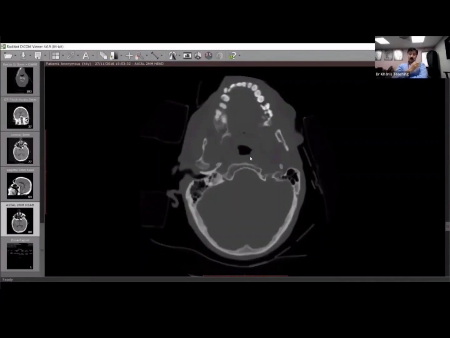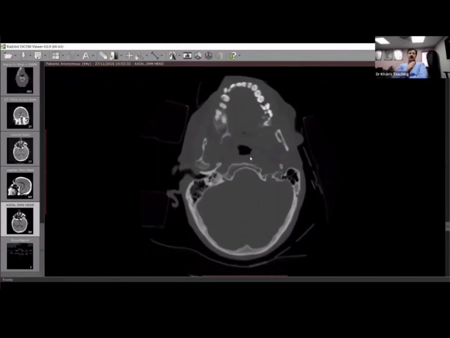Second thing is, please remember, never stop just on the axial slice. In your day-to-day practice in trauma cases, we pick up something and then we go for reformats. Some findings will never be confirmed unless you do reformats.